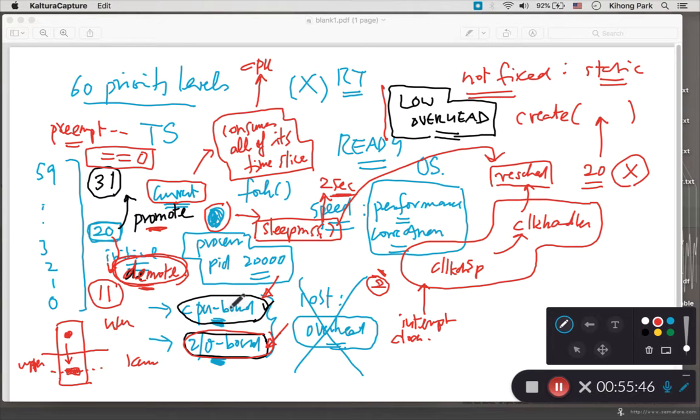Or a process was earlier CPU bound, so it kept using up all of its time slice, but then it changed its nature and it's now becoming IO bound. So it's making blocking system calls more. So let's use sleep as our representative example. The kernel notices that. It bumps up, it promotes the priority, it increases it.